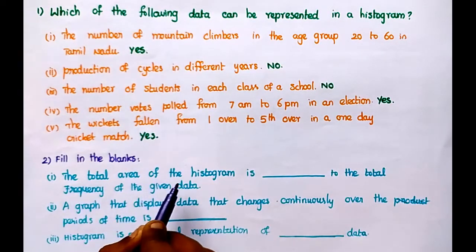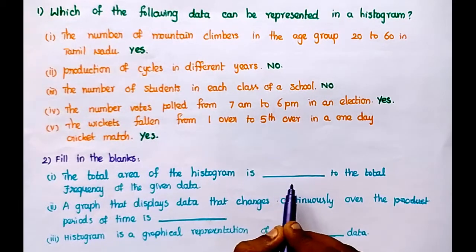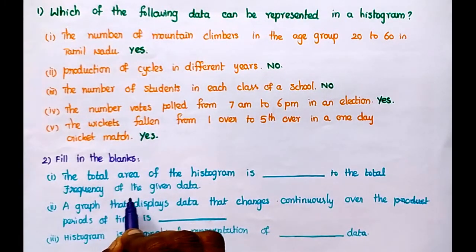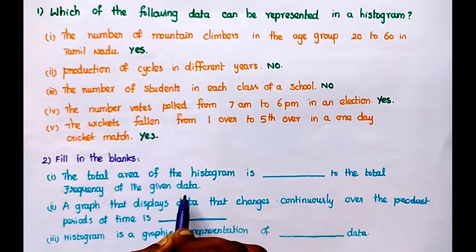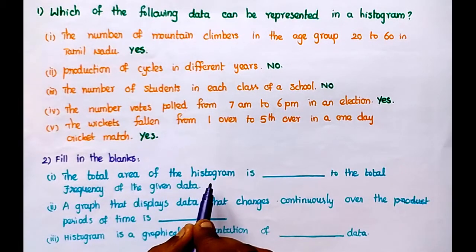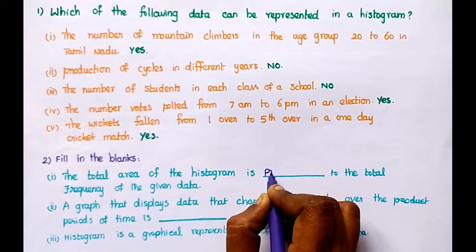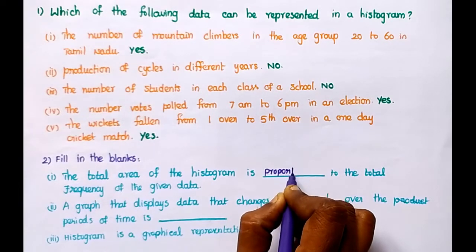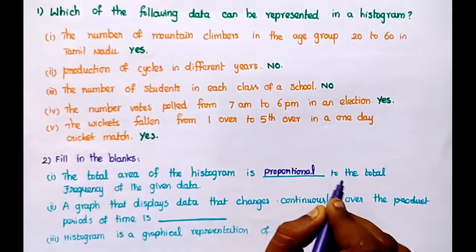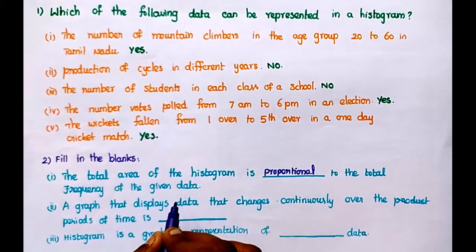Next one, fill in the blanks. The total area of the histogram is proportional to the total frequency of the given data.